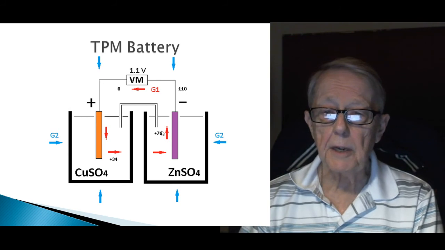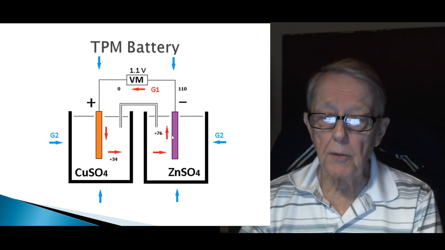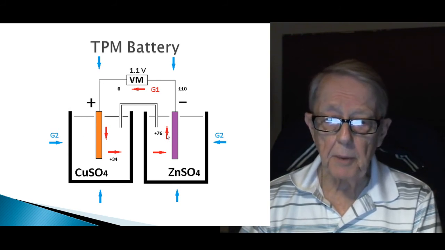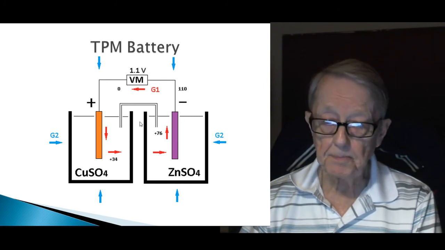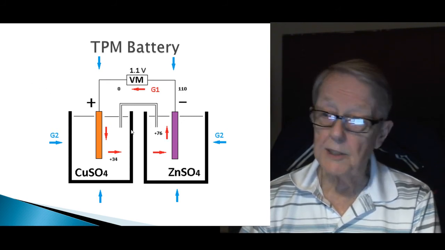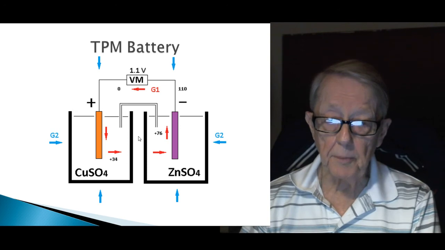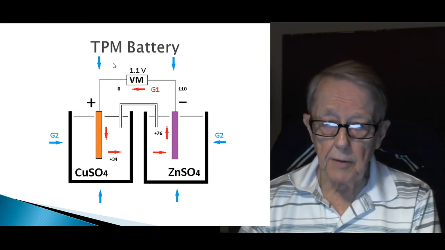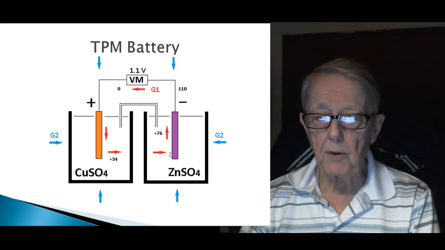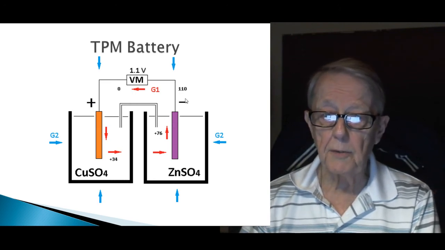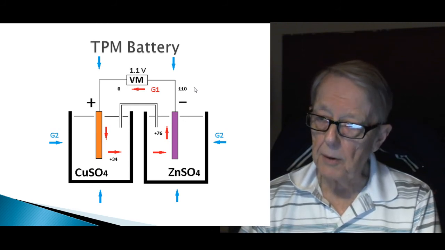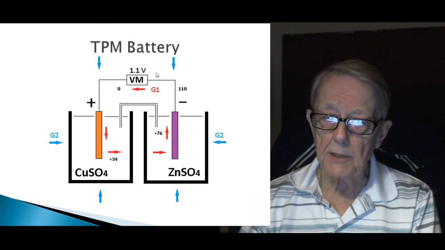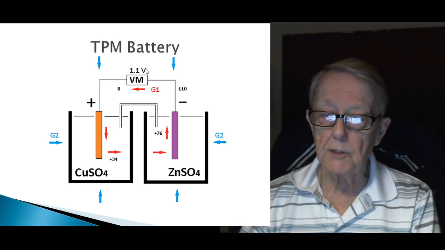Remember earlier I said if you use copper in both sides of the battery, you don't get a voltage. This is one of the ones that seem to work out a little bit better, because the copper one here is going to generate plus 34, and this is going to generate plus 34, and it's going to give me 68 G1 particles out of the negative side, and that's going to give me 0.68 volts through the voltmeter.